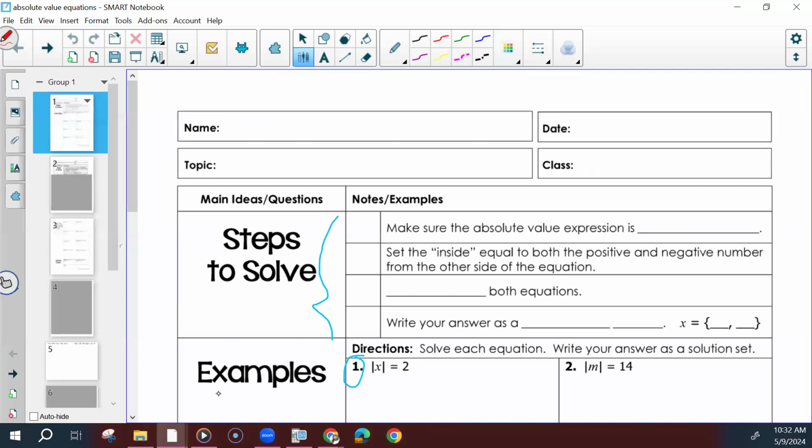So everyone should have notes that look like this. The last 2 things we're going to learn about are absolute value equations and inequalities. The inequality part will tie into something we've already talked about. The equations will be similar to regular, but also a little bit different. Make sure phones are put away.